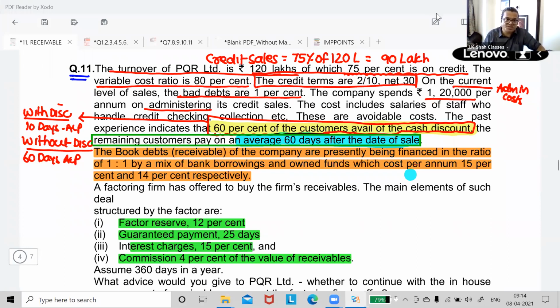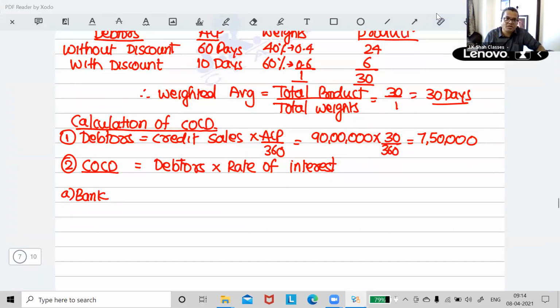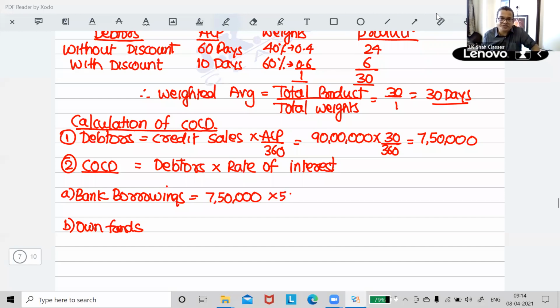Option A, bank borrowings. Option B, own funds. In bank borrowing, I don't finance the full 750. 750 is my debtors, but into 50% I finance by bank borrowing.